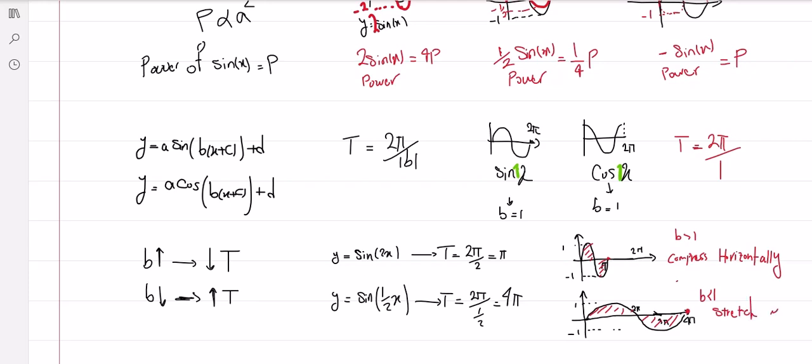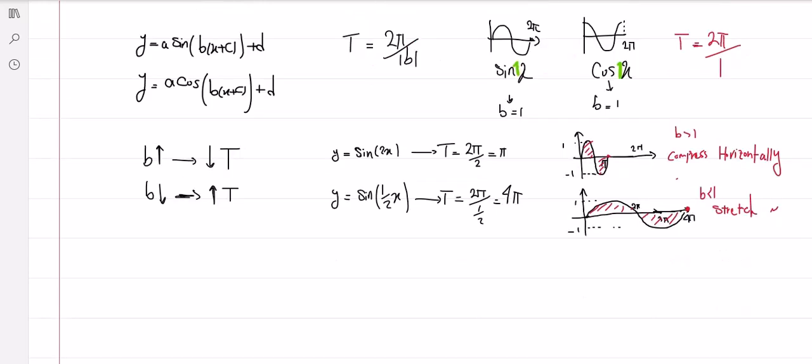Now you might think, why do we even need to calculate the b value, and how is it practical in a real life scenario? Well, if we can control the b value, we can control how fast or slow the wave is. If the b value is increasing, as I said before, it means that the period of the function is decreasing. So that means the wave is completing its cycle in less time, so it moves more quickly.